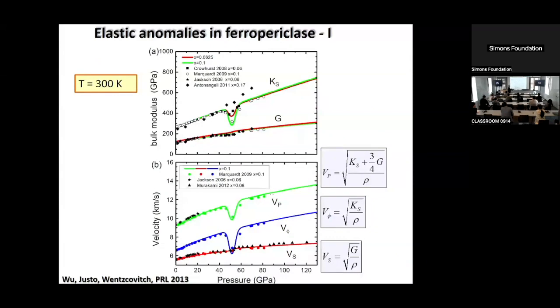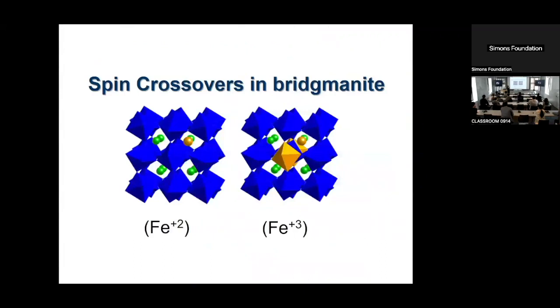That's all that was done in this calculation to get this level of agreement with the experiment. So this is VP, the shear velocity, and the bulk velocity that we like to analyze, these two velocities here. There is decent agreement as a function of pressure at 300 Kelvin as well, if we do this shift of 0.2 eV per iron in the high spin state.